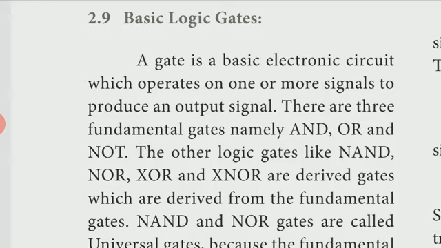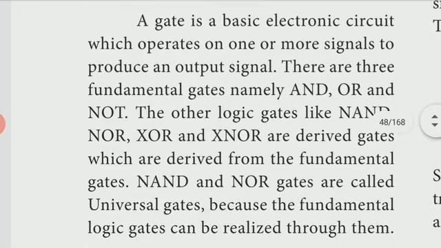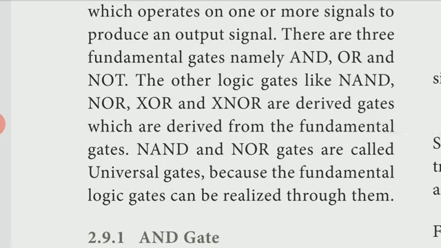These logic gates are called fundamental logic gates, and some more logic gates are also there: NAND, NOR, XOR, XNOR. These are called derived gates. AND, OR, NOT are called basic logic gates. NAND, NOR, XOR, XNOR are called derived gates. That means those created with AND, OR, NOT combinations are called derived gates.